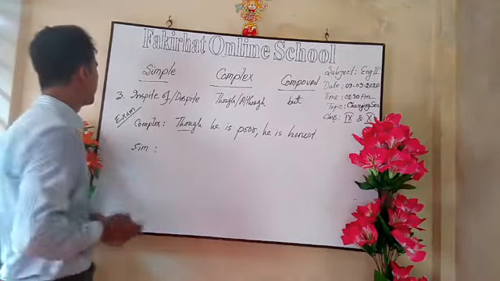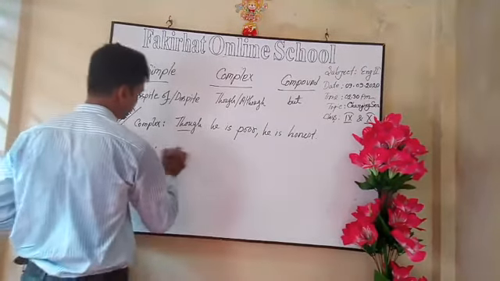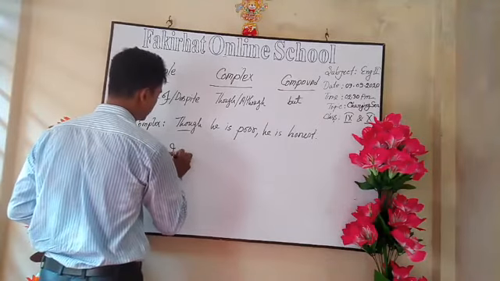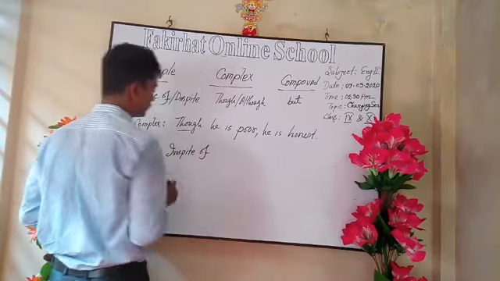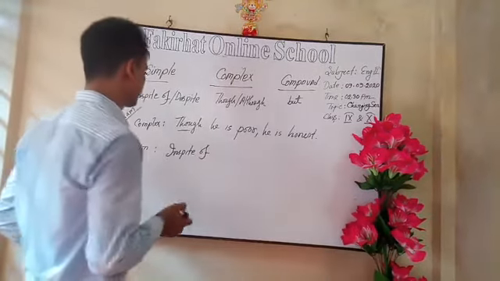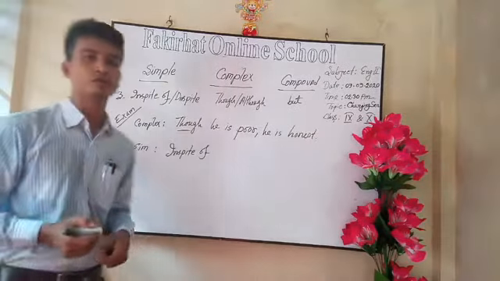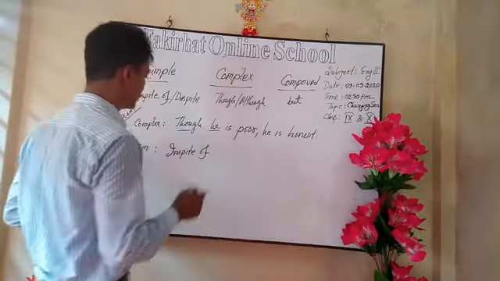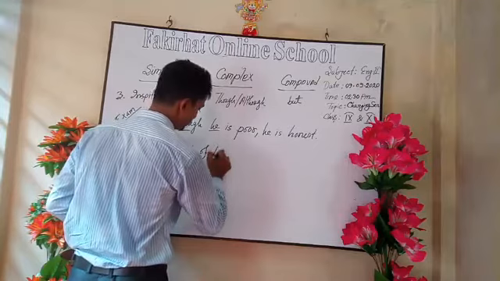According to my rule, firstly we have to use in spite of or despite. So we can use in spite of. Here, after in spite of, we have to use the possessive form of the subject. Here the subject is he, and the possessive form of he is his.